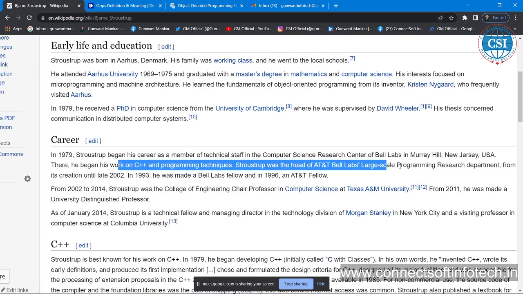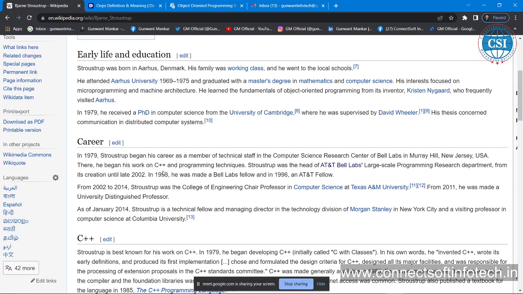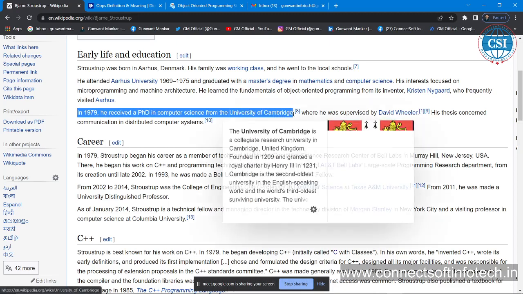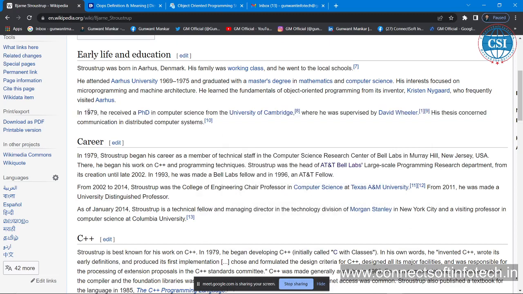That is the same place where C was developed. C++ was developed in 1979. He received a PhD from the University of Cambridge. So that is the title of his PhD work: C++. So we can say that in 1979 or 1980, C++ came into the picture.